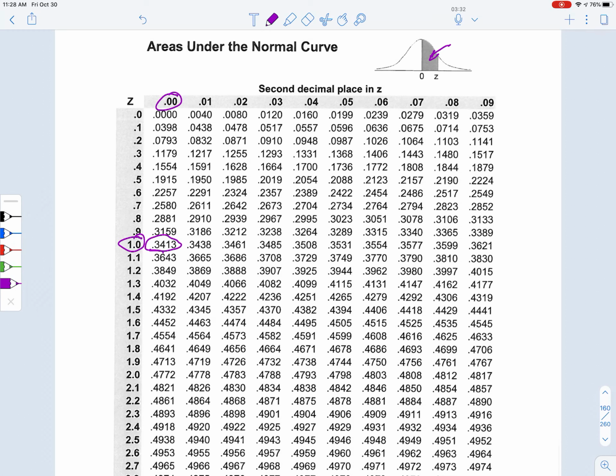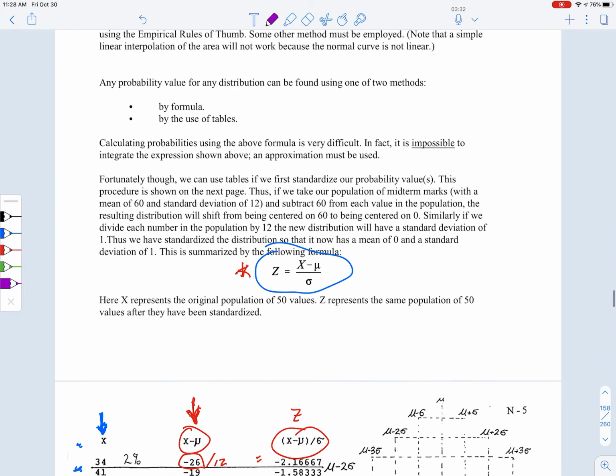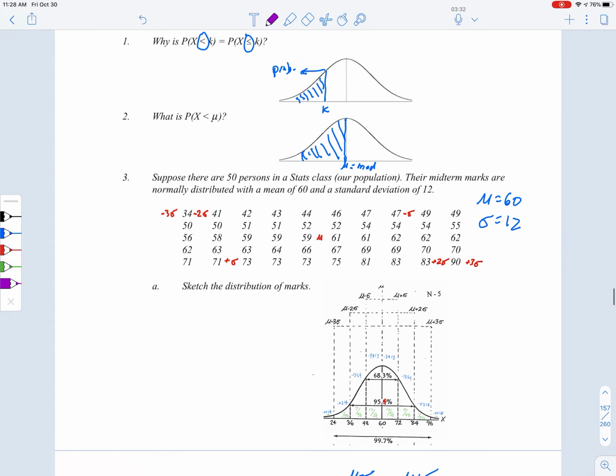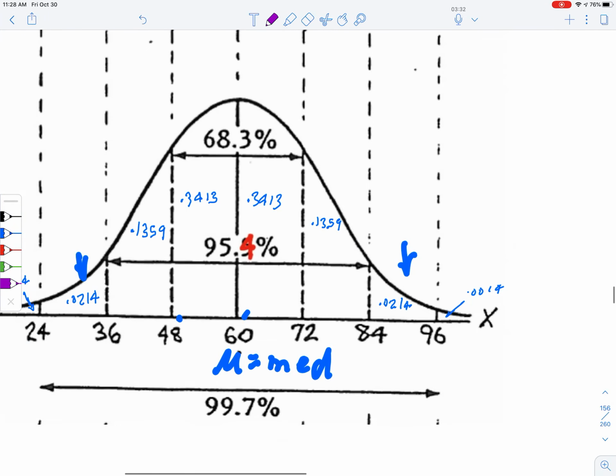That is 34% from the mean, from 0 up to 1 standard deviation. And if you go back to the properties that we had of a normal distribution right at the very beginning, there's your 0.3413 right there. Okay, so that's 1 standard deviation above the mean.